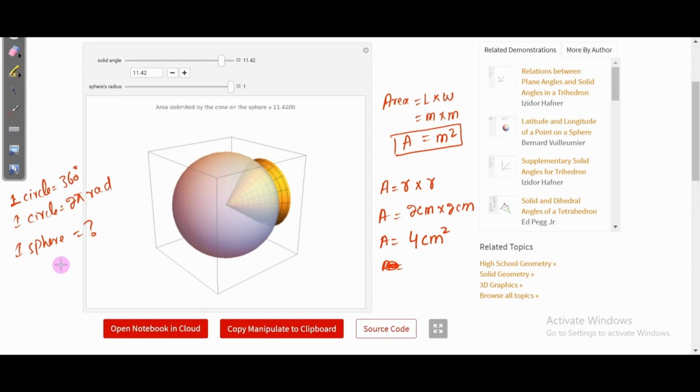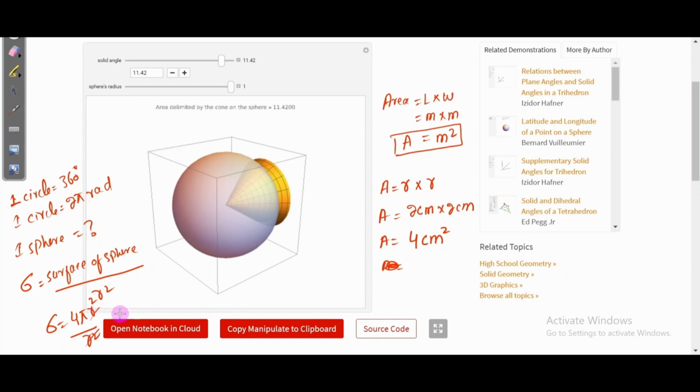For finding that, we will use the mathematical formula. The steradian is represented by this sigma-like shape. So sigma is equal to the overall surface of the sphere, 4 pi r square, divided by r square.